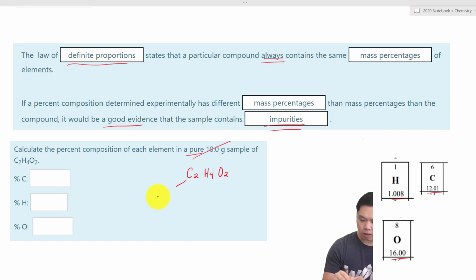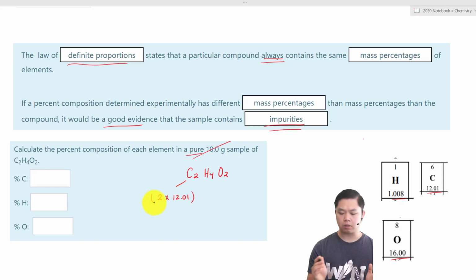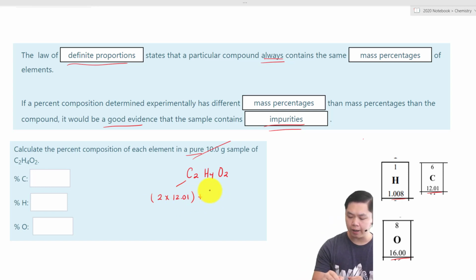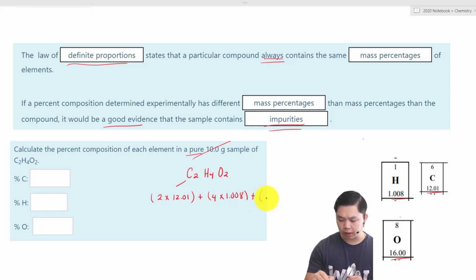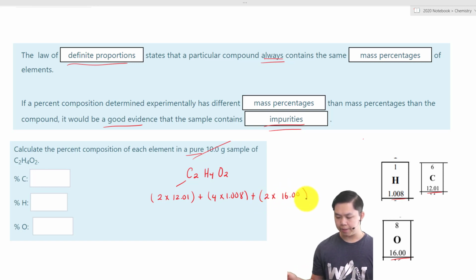So we have 2 carbon times 12.01, and we are going to use parentheses. Then we add 4 times hydrogen, 1.008, and there you go. And lastly, we have oxygen, which in this case is 2 times 16.00.